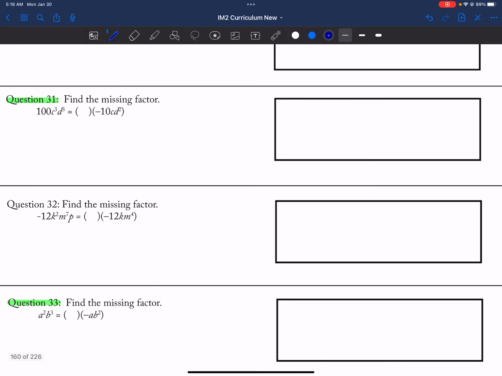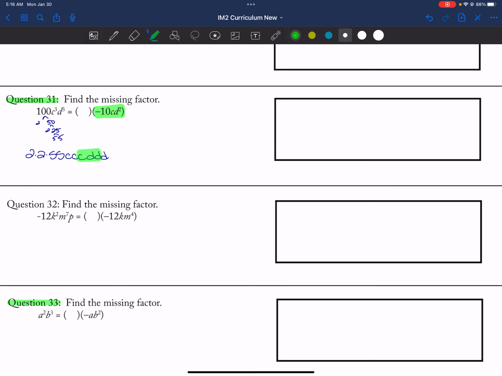Okay, so 100, 2 times 50, 2 times 25, 5 times 5. So this is 2 times 2 times 5 times 5 times C times C times C times D times D times D. And again, these negatives, I have a negative 10 and a CD squared.